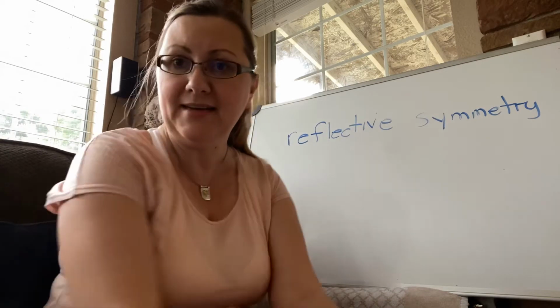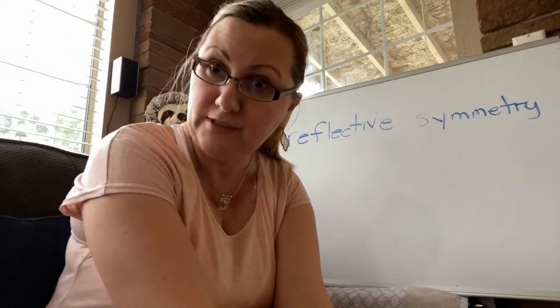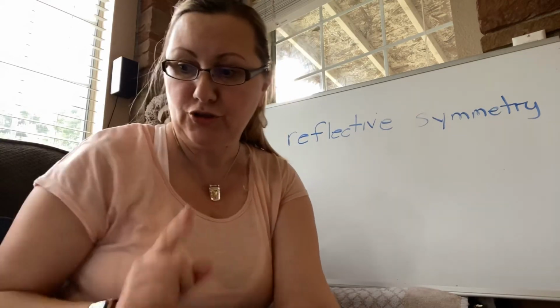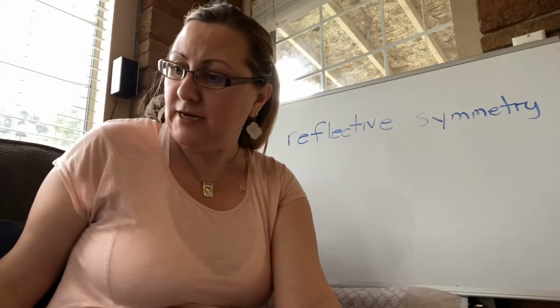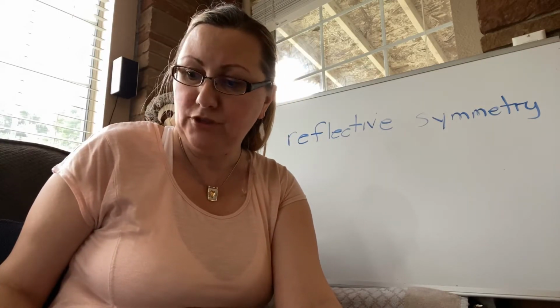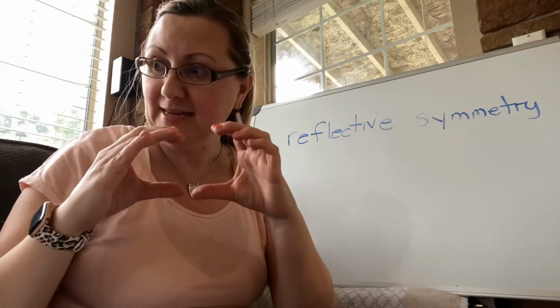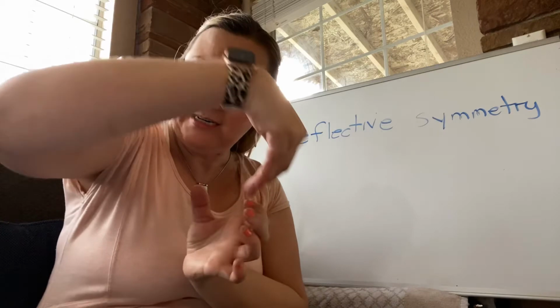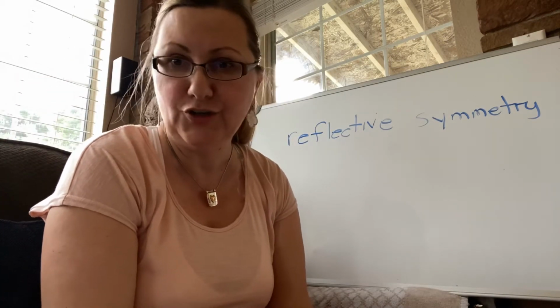And then there's another aspect of symmetry called rotational symmetry, which you should have seen a video on already. And you can also look at example 2 in your book, where a square is taken and turned and turned and turned, and you can see how many times it can turn.